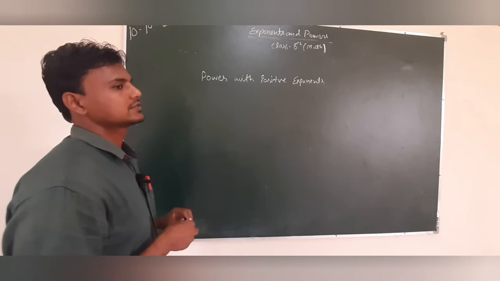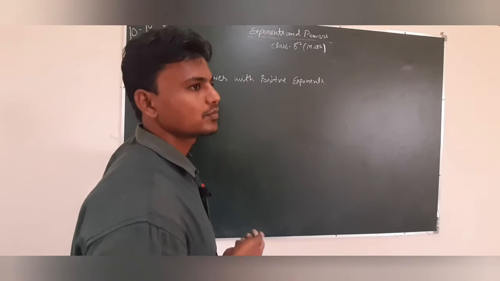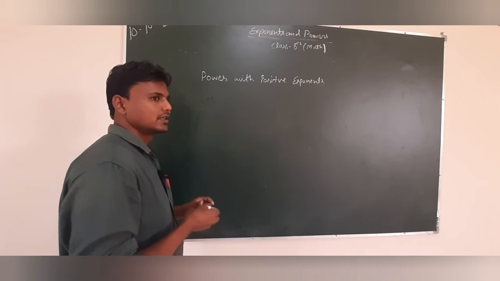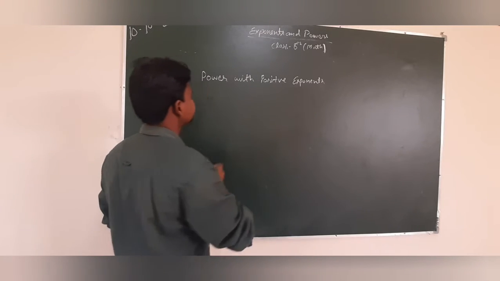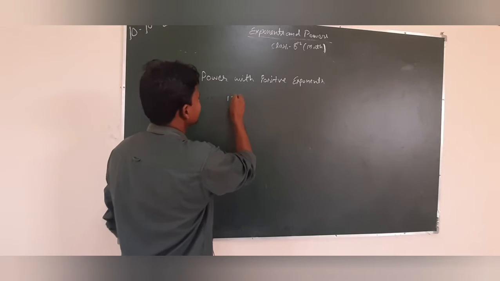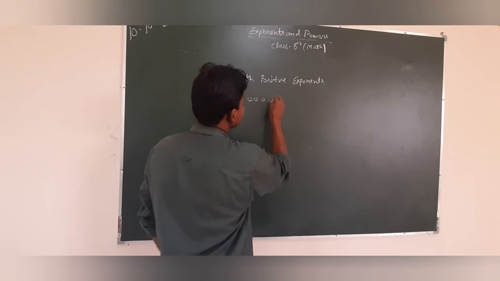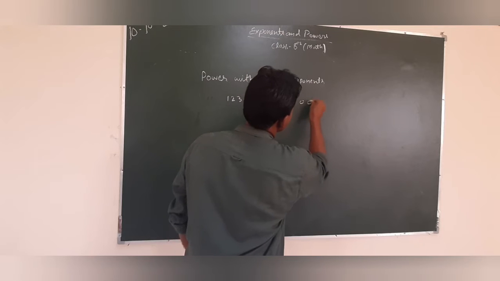Exponents and powers with positive exponent. We take a number like 1 2 3 0 0 0 0 0 0 0 0 0 0.